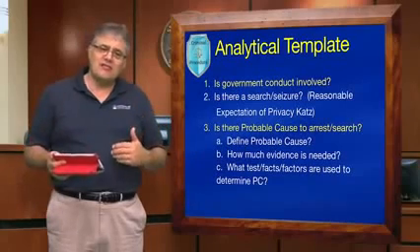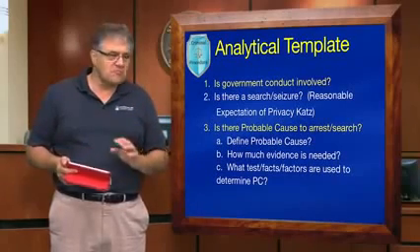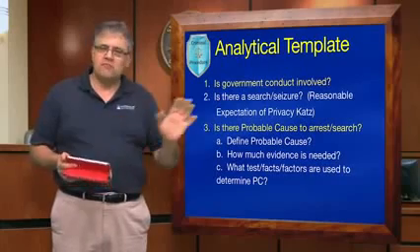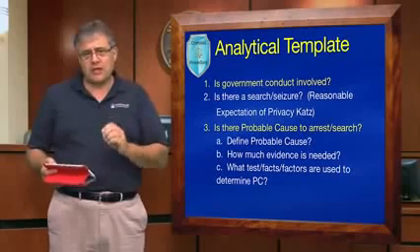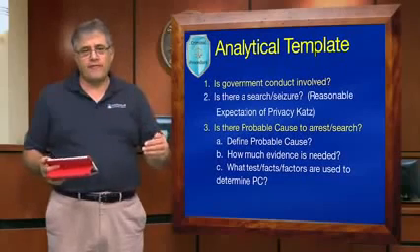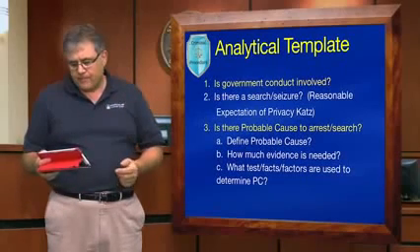Unless she's acting as an agent for the state at the time that she goes and looks, the government is not implicated. There's no Fourth Amendment analysis that's involved. I've got to have government conduct to kick off a Fourth Amendment analysis.